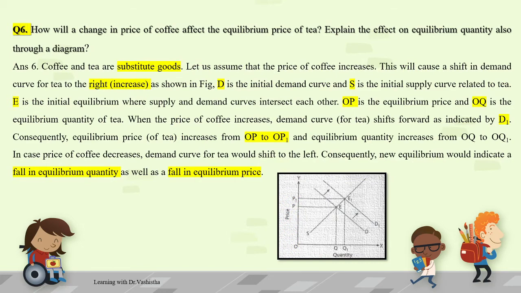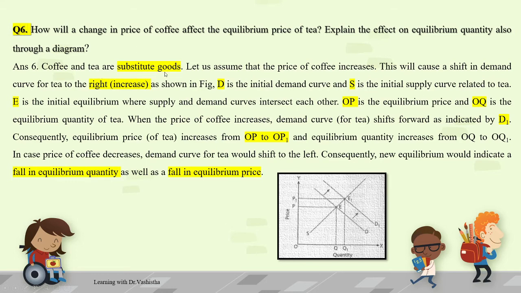Now there is a different situation in the next question, where it says how will a change in the price of coffee affect the equilibrium price of tea? Explain the effect on equilibrium quantity also through a diagram. As we know, coffee and tea are substitute goods. They are not complementary. One can be completely replaced by the other, and there is no interdependence.